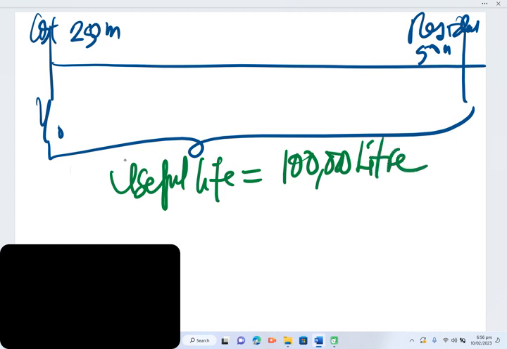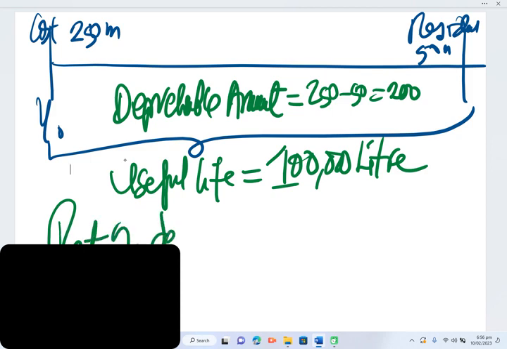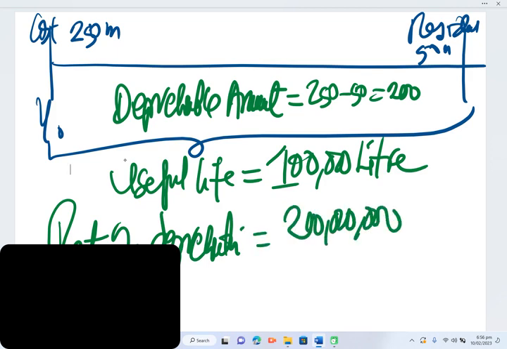Lengo ni kuprint lita 100,000. Ikiprint 100,000 inakufa, sio iishi miaka 15. Kwa hiyo depreciable amount ni ngapi? Unasema 250 toa 50, unapata ngapi? Unatafuta rate of depreciation. Unasema milioni 200 gawanya lita ngapi?